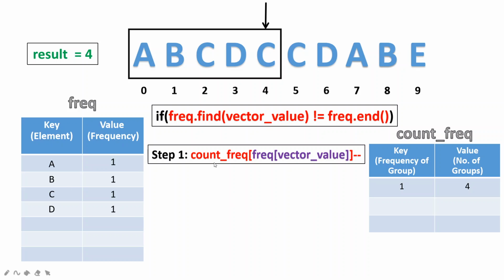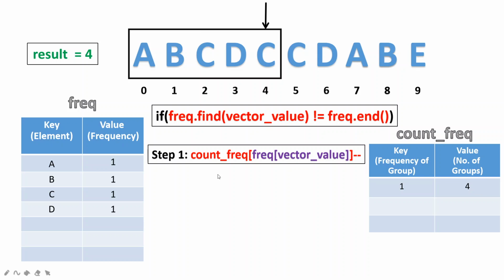Okay, so the first step is to basically decrease the value of the frequency, right? Since we are converting this 1 to 2 because C occurs the second time, we will only have 3 groups, because C won't be part of the group having one frequency.